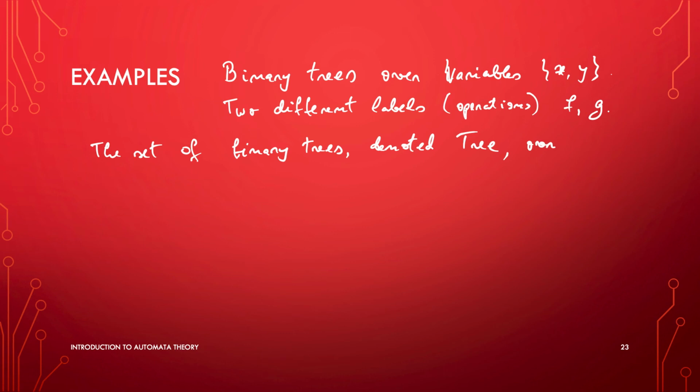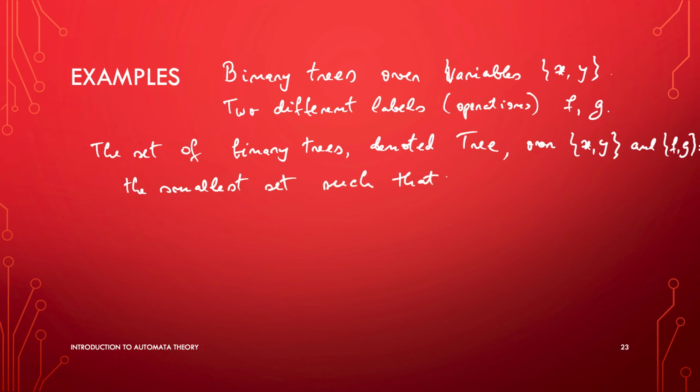over the set of variables x, y, and labels or operations f and g is going to be the smallest set such that, condition number 1 is going to be obviously that the variables in themselves are going to be trees for us.